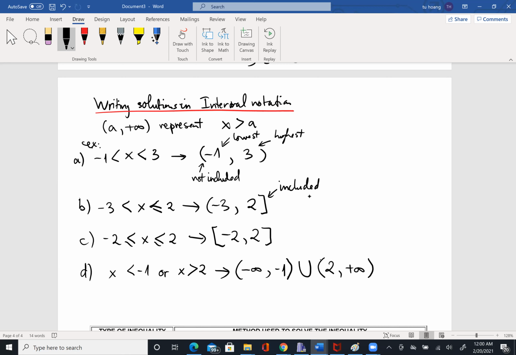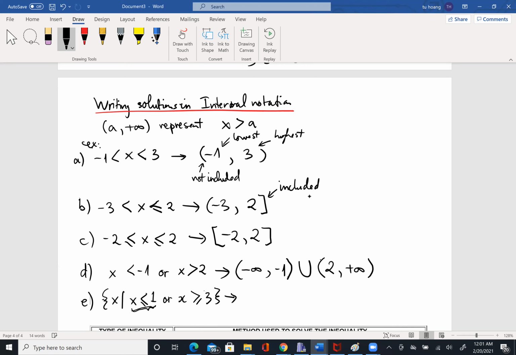Maybe one more. Let's see. E. I have the set of x given x less than or equal to 1 or x greater than or equal to 3. So how can I convert it to interval notation? I know that at first it was x less than or equal to 1, right?